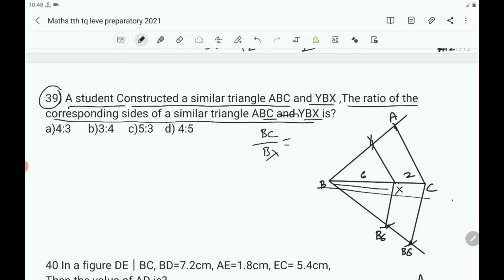For BC it is 6 plus 2, 8. And for BX it is 6. So then what is the ratio? 2 4s are, 2 3s are. So 4:3. The ratio is 4:3. So option A is the answer.